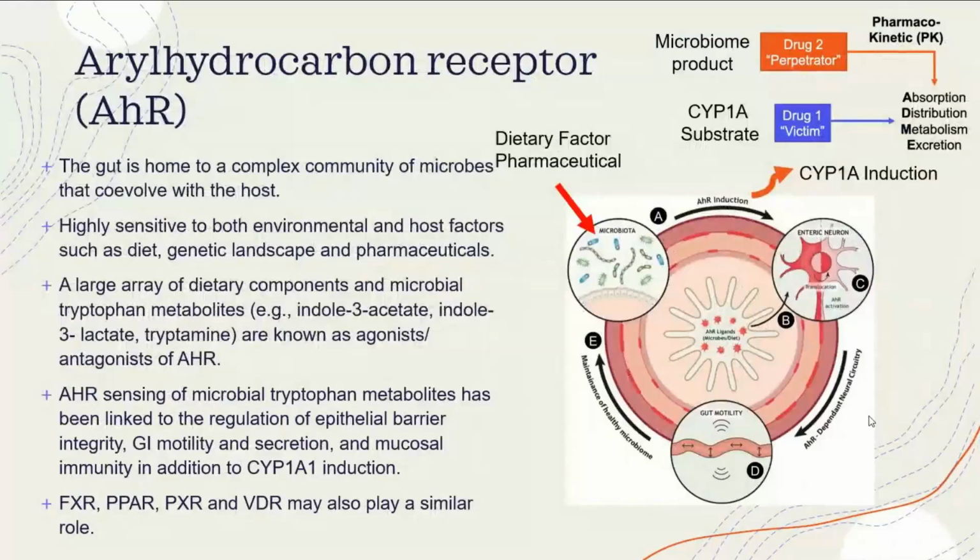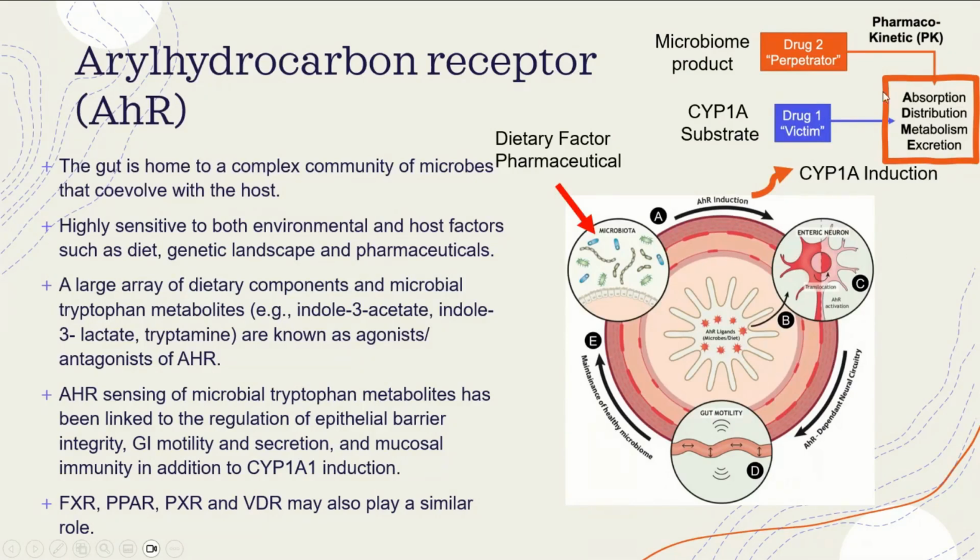But I also want to bring up another interesting point with this, in that the aryl hydrocarbon receptor is more than just a CYP1 inducer. It also responds to a variety of different acidic products formed in the gut, including by different microbiome in the gut, that are leading to aryl hydrocarbon receptor activation, yes, leading to CYP1A induction, but also leading to different responses that lead to changes in GI motility and secretion.